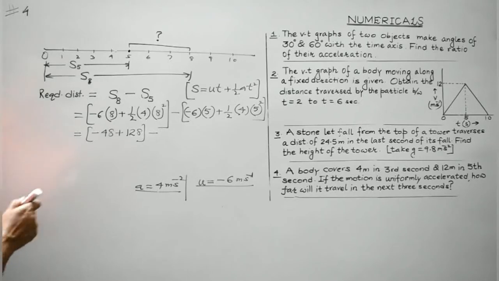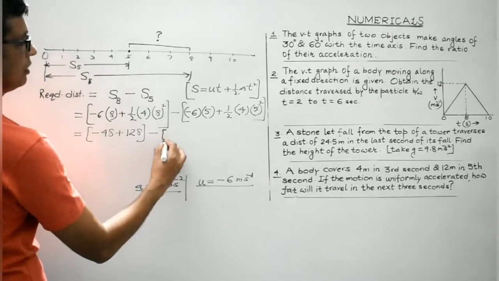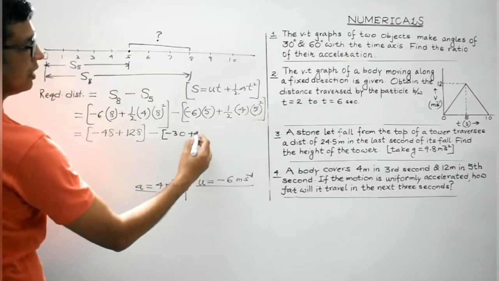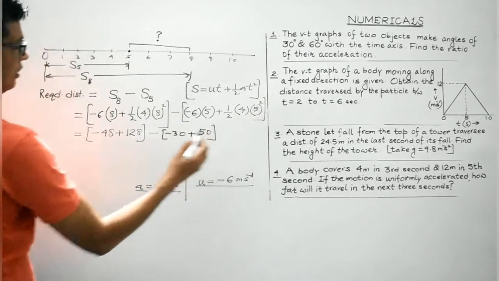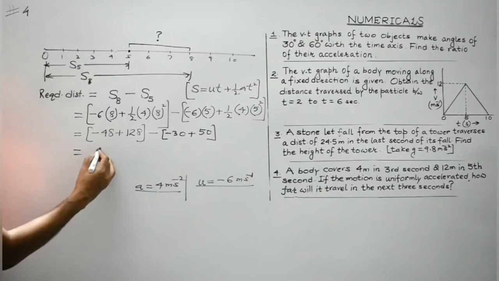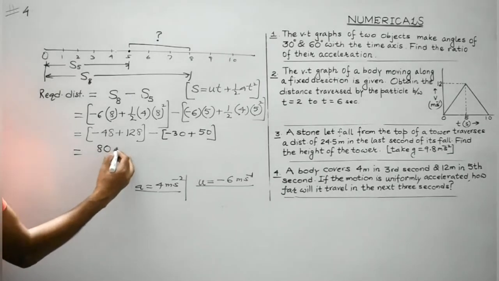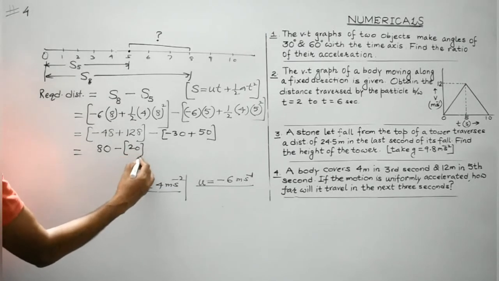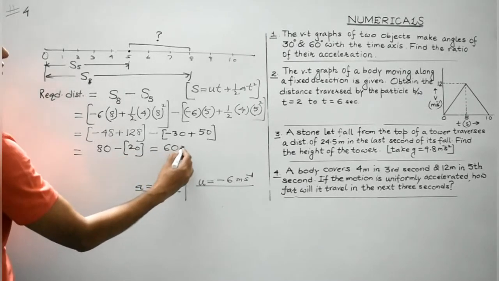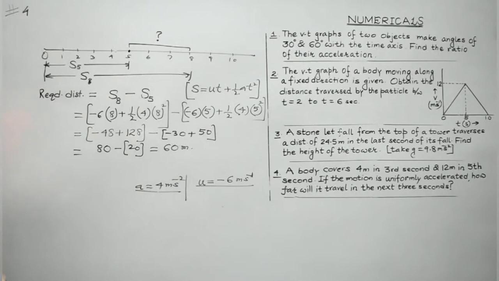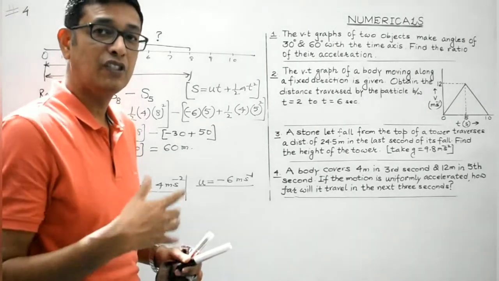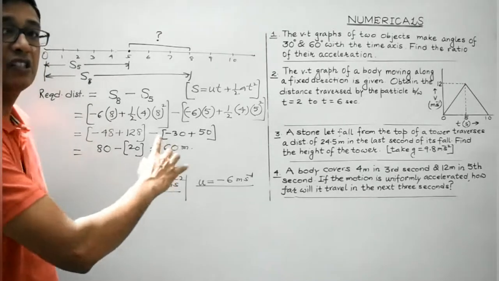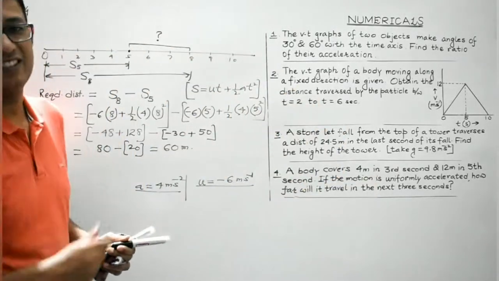Minus, it will give us minus 30 plus 25 into 2, 50. So that will in turn give us 80 minus 50 minus 30, that will give us 20. So it will be equal to 60 meters. So students, after 5 seconds, the body will cover a distance of 60 meters in the next 3 seconds.